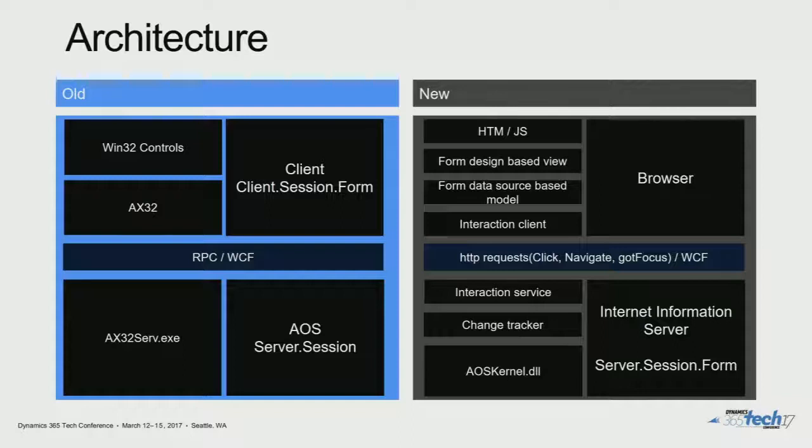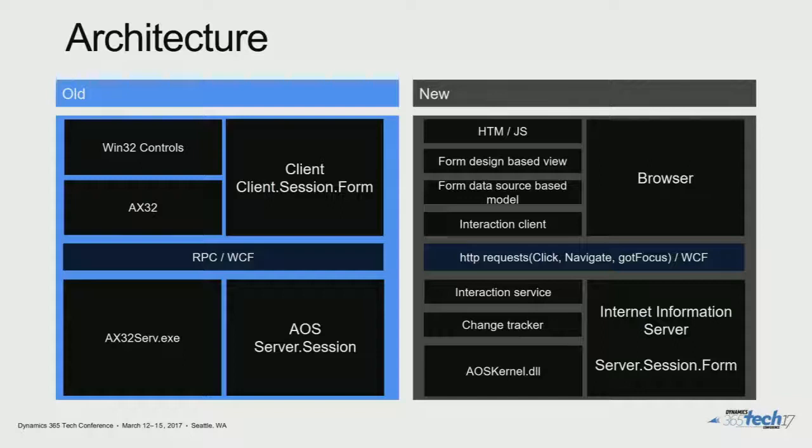Let's look at the left-hand side, where we see the old AX architecture, AX 2012 and before. A bunch of the highlights: you have a Windows client, which is a 32-bit client, and then you have, even though it's labeled AX32 surf.exe, a 64-bit server component.